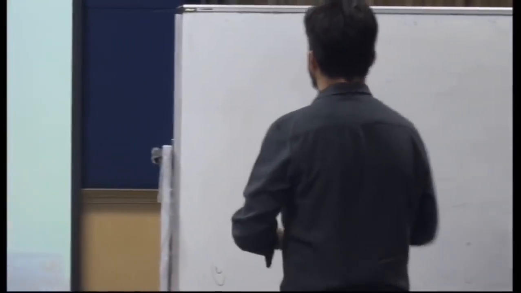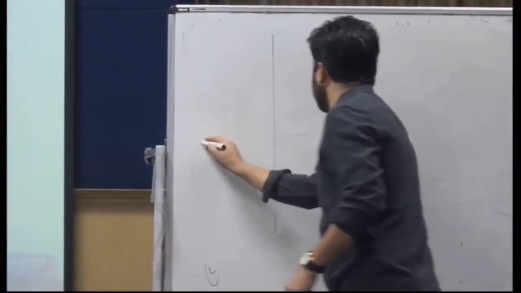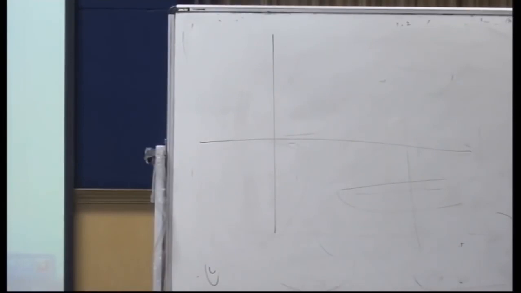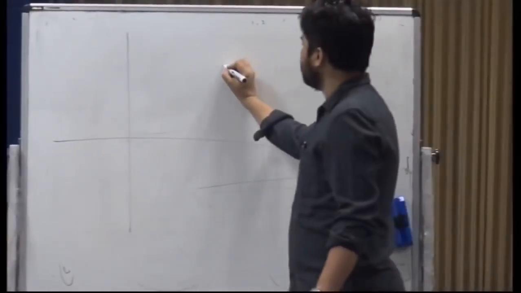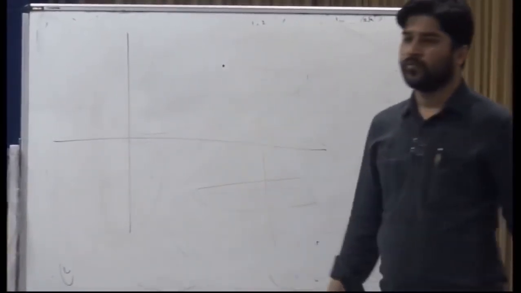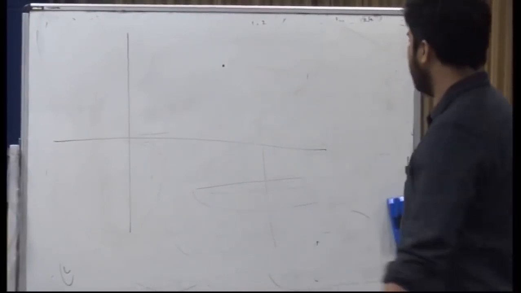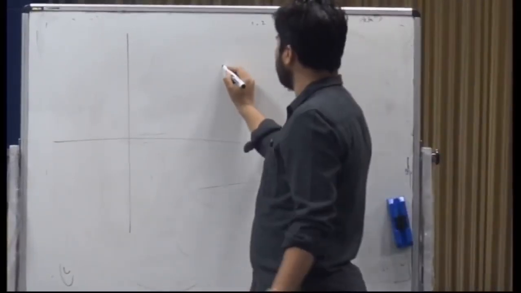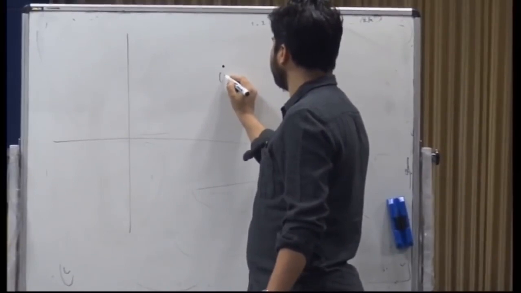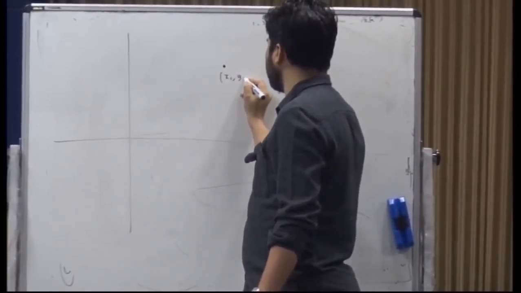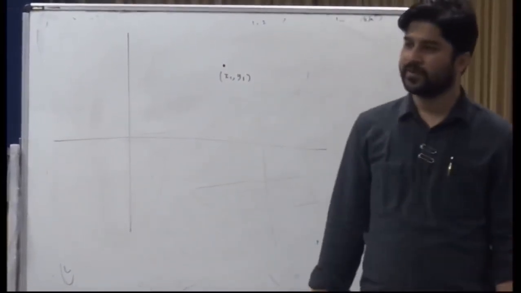So let's say this is your Cartesian plane, and let's say this is your fixed point, right? Now this fixed point, for the time being, let's call it x1 comma y1, right?